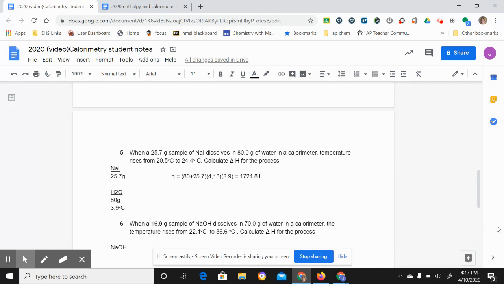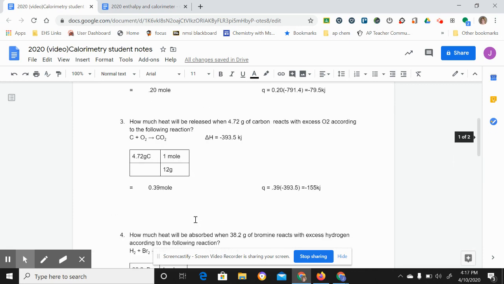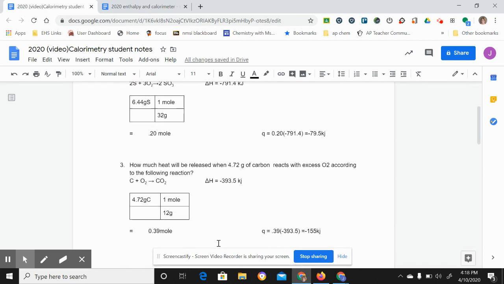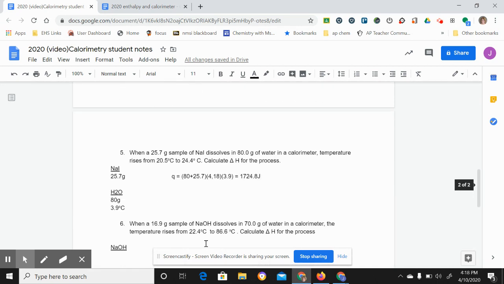Now we need to find our delta H. If I look up on the top here, to calculate delta H is kilojoules per mole. Now I'm in joules, right?